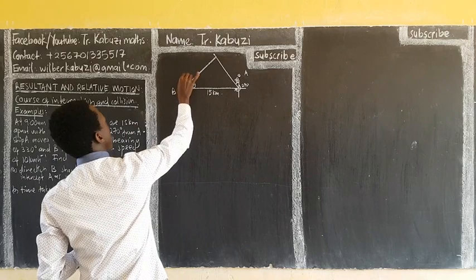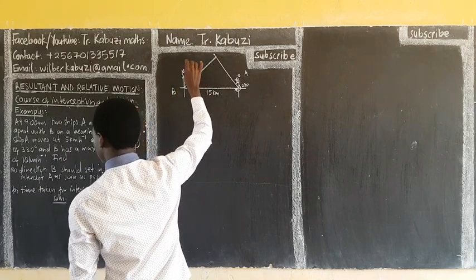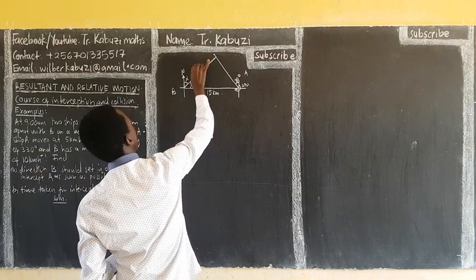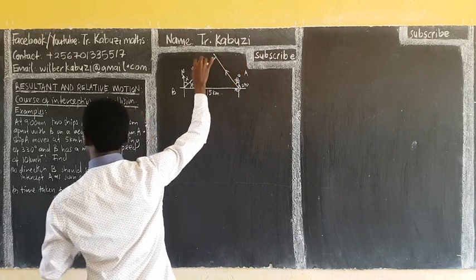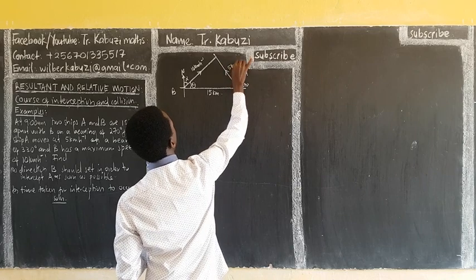So this is our north. B has a maximum speed of 10 kilometers per hour, and this one is moving at 5 kilometers per hour.